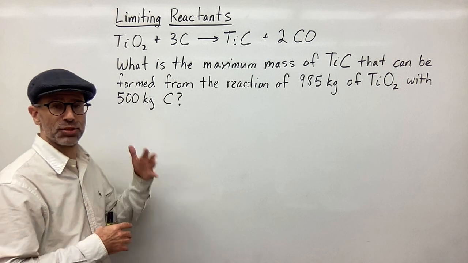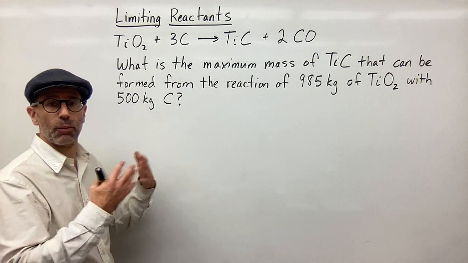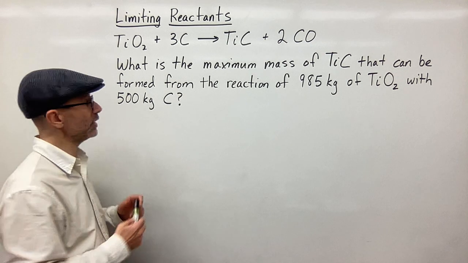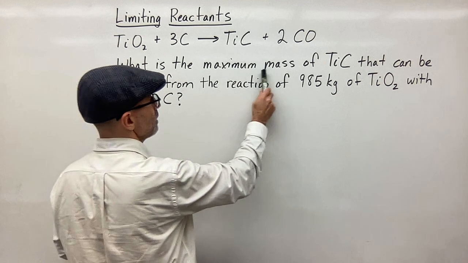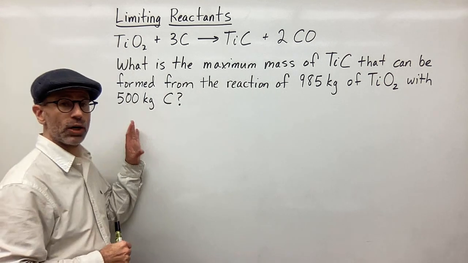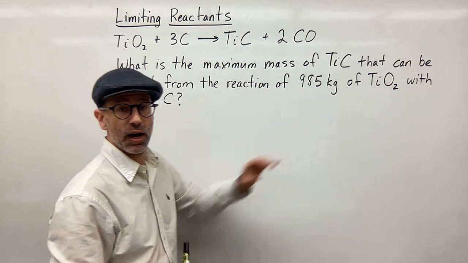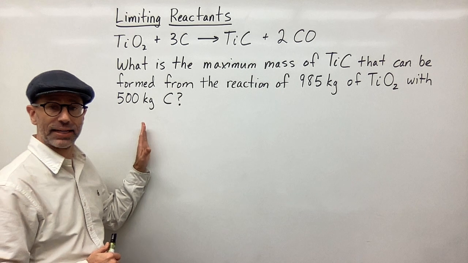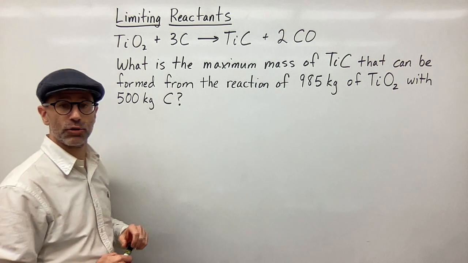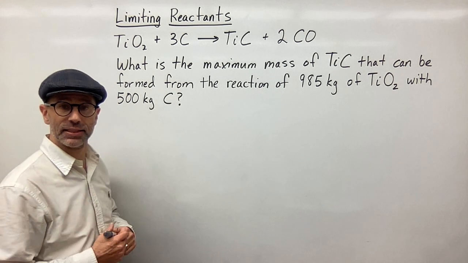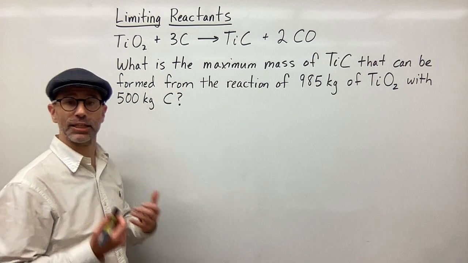And a lot of times there's a second follow-up question. In this case, they're asking us, what is the maximum mass? So we're going to convert both of these reactants to kilograms of TiC, the product that is of interest.